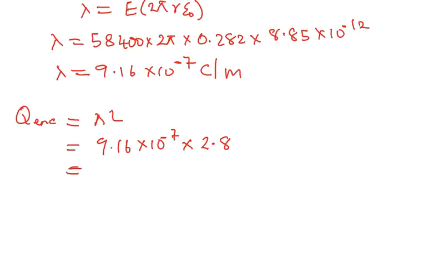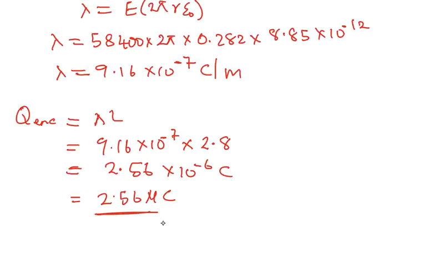Multiplying this out, we'll have 2.56 times 10 to power minus 6 coulomb. But you can decide to rewrite this as 2.56 micro coulomb. And this is the final answer.